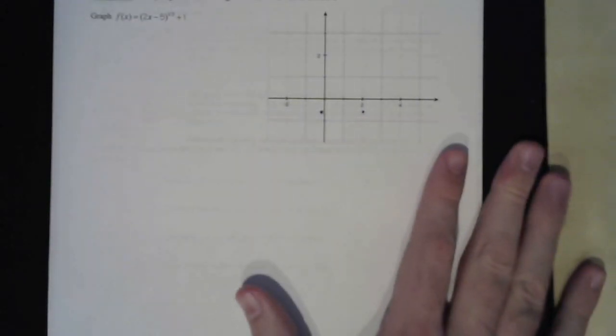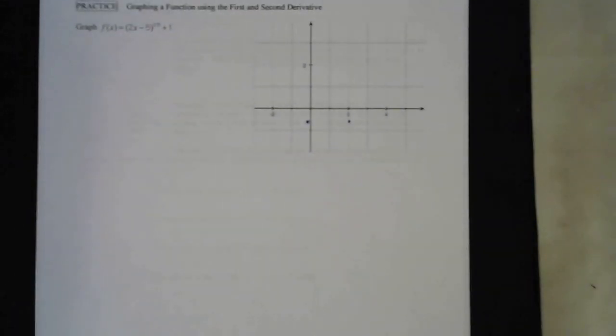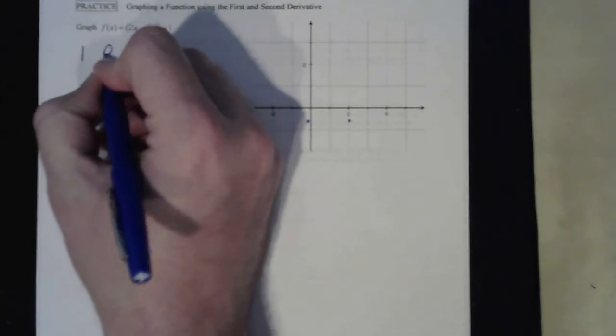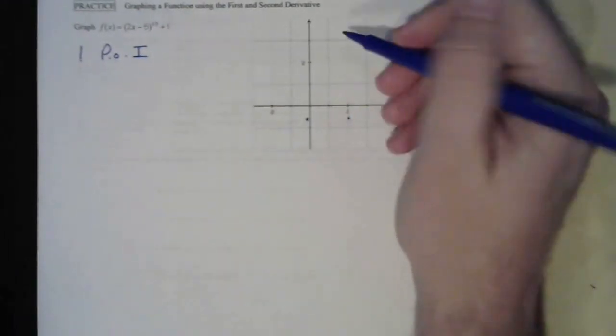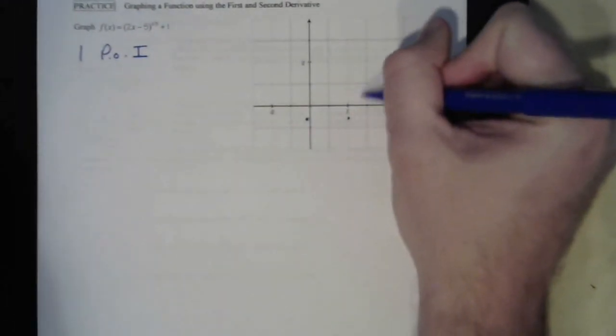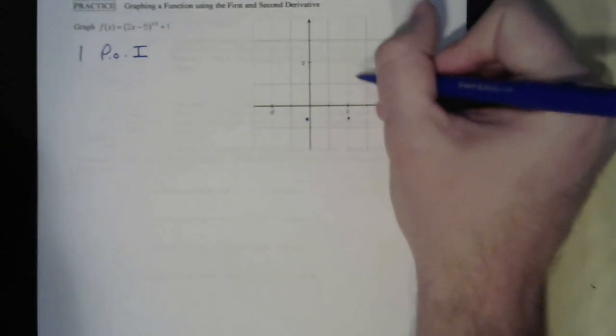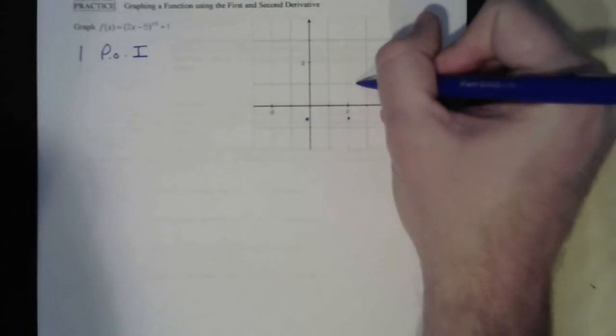Now I will give you some hints. Your function is only going to have one point of inflection, so make sure you're checking that. And the graph of this is going to look, ignore those points, those bled through the paper. It's going to be at, what is it, 5/2, 1.